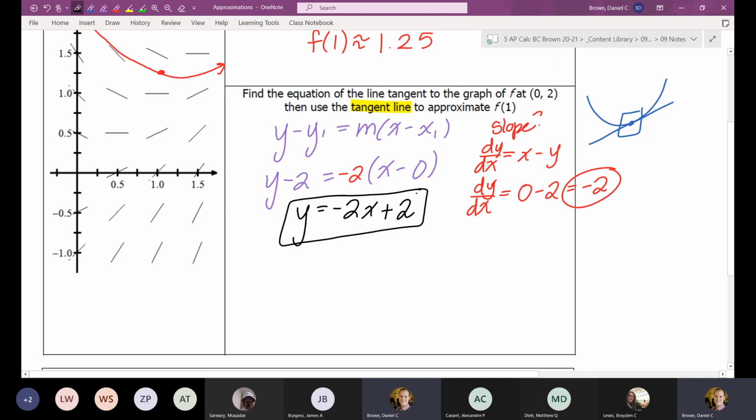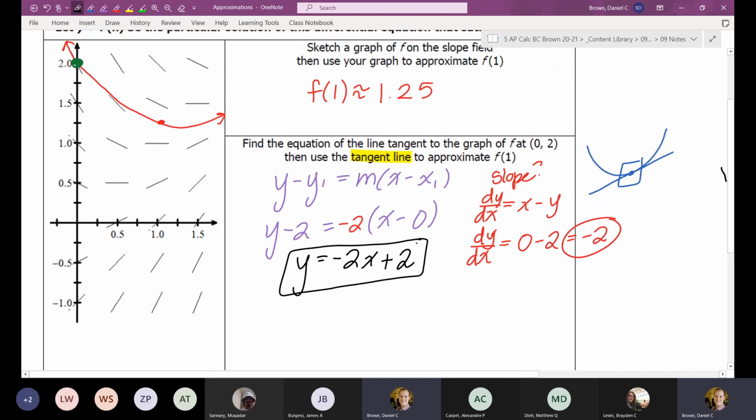And again, the idea behind why it works, I'm going to draw it in for us, is that close to the point of tangency, the graph is fairly close to that tangent line. This one is zoomed in pretty far because of the scale, but you can imagine that this tangent line is close to the curve.